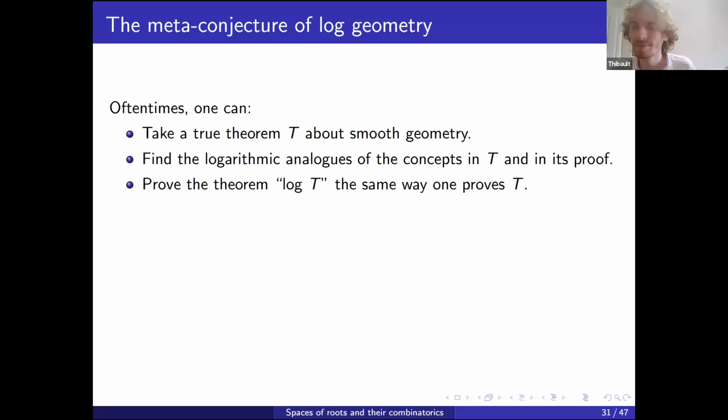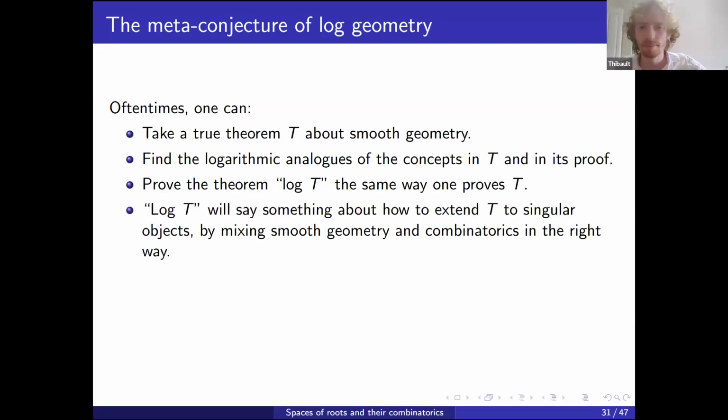So I'm being a bit caricatural, right? Sometimes one of these steps is really hard. Sometimes they're both really hard, but sometimes it works. And what tends to happen is because smoothness in log schemes is less restrictive than smoothness in schemes, the theorem log T now tells you something about how to extend T to singular objects.